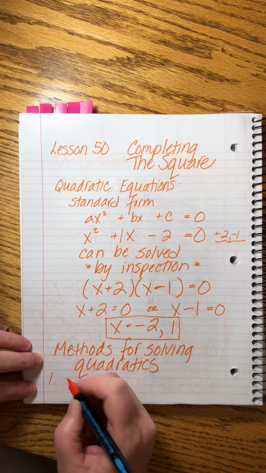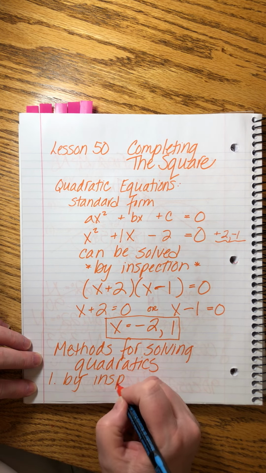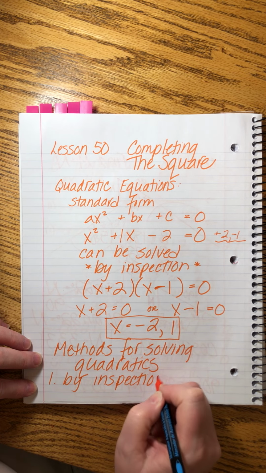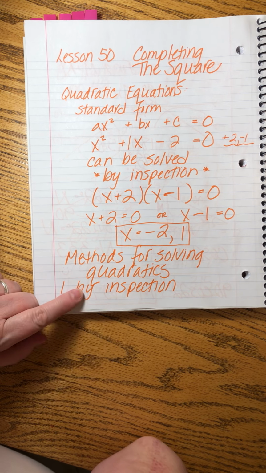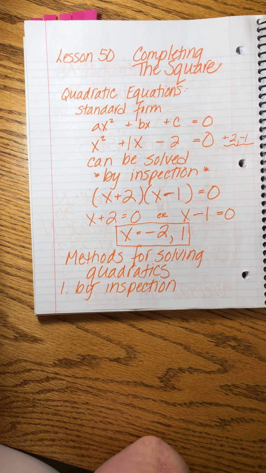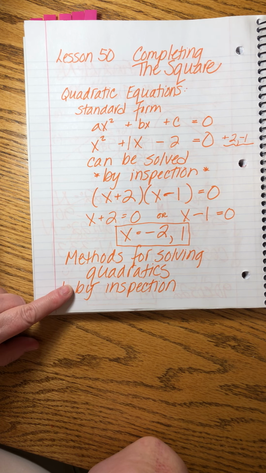So that's the first one we've been learning, and we call it by inspection. Different math teachers use different names for that. John doesn't really call it anything. I call it by inspection because we're just looking at it. All right, this only works for certain kinds of quadratic equations.